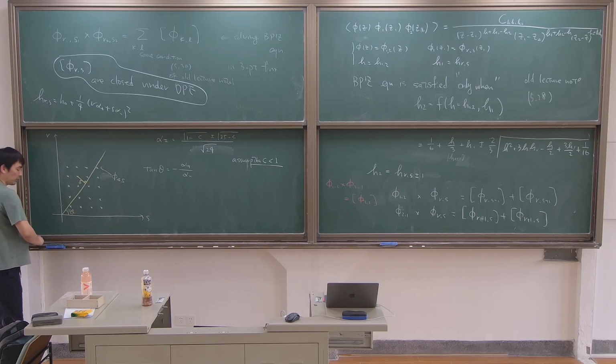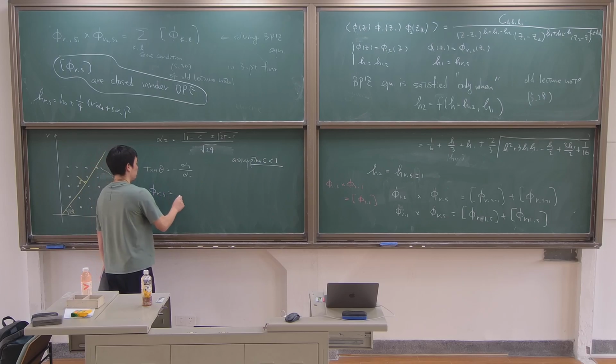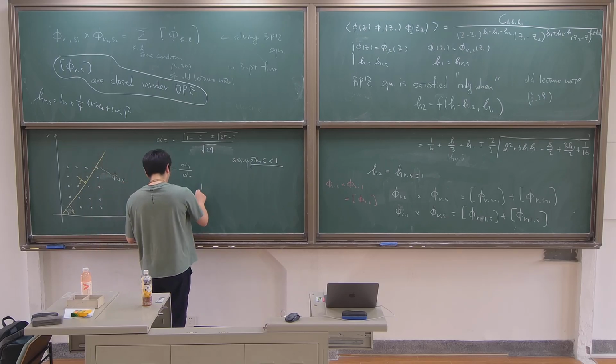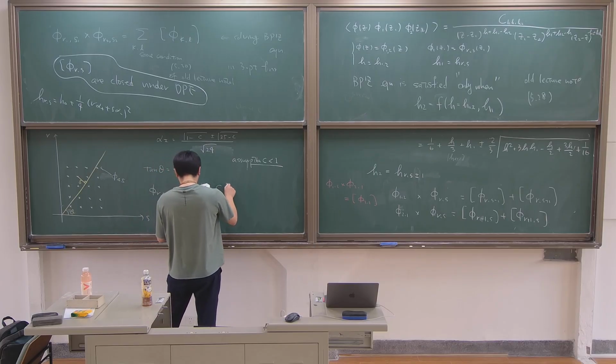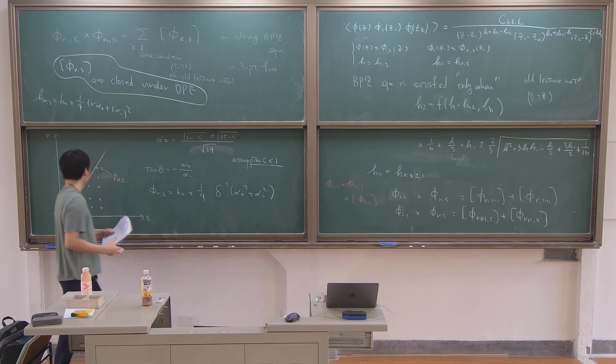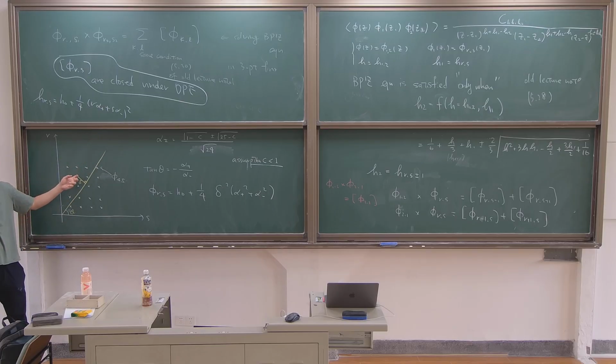The primary field phi rs has weight h0 plus 1/4 delta squared times (alpha plus squared plus alpha minus squared). Delta is the distance between this line and the lattice point.